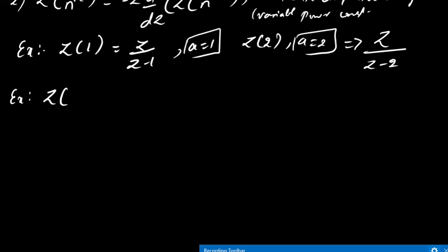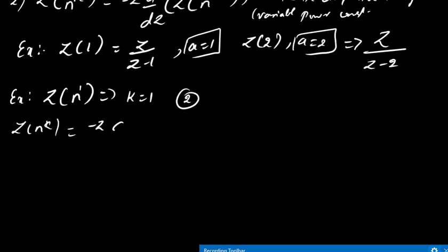Z transform of n. Here you can see the power k is 1, so the k value is 1, and this is variable power constant. So in this case we are supposed to use the second result, that is Z transform of n power k is minus z d by dz of Z transform of n power k minus 1.